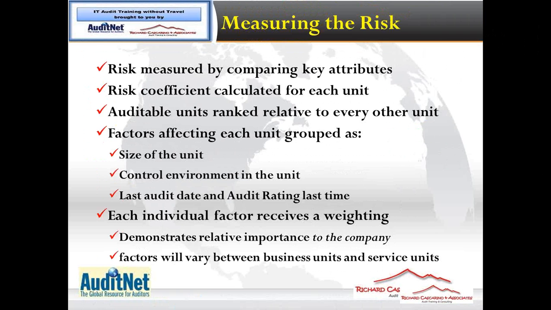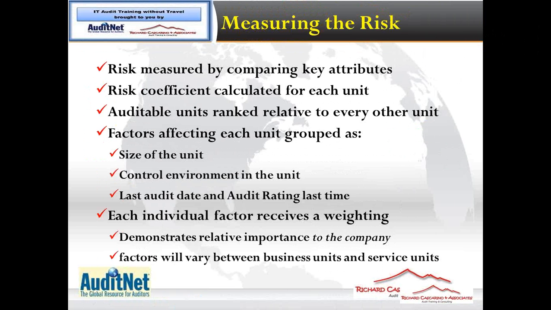And we then group them in terms of the size of the unit, the control environment of the unit, perhaps the date of the last audit, and perhaps how it was rated then. And each individual factor gets a weighting showing the relative importance to the company of that risk factor in that particular function area.